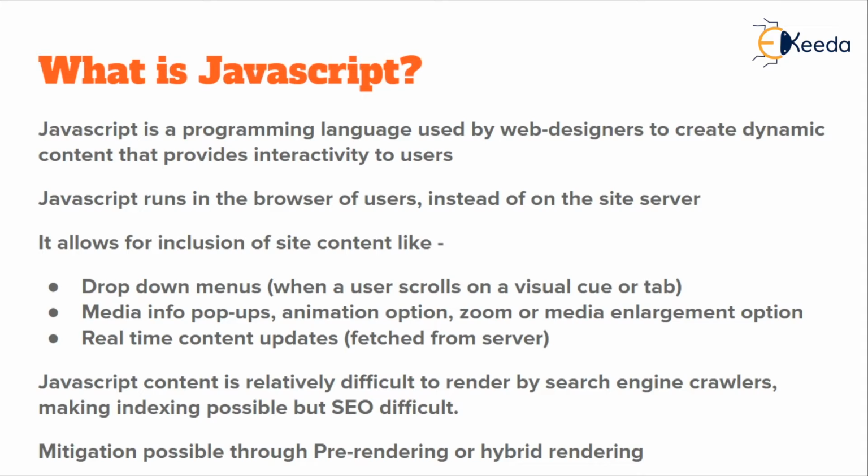Now, JavaScript content is relatively difficult to render by search engine crawlers, and social media is actually not able to render JavaScript at all. So that makes indexing possible for websites or web pages with JavaScript, but SEO becomes very difficult. And that is why, as digital marketers, you have to be careful about the extent of usage of JavaScript. There are improvements in search engine crawlers of late.